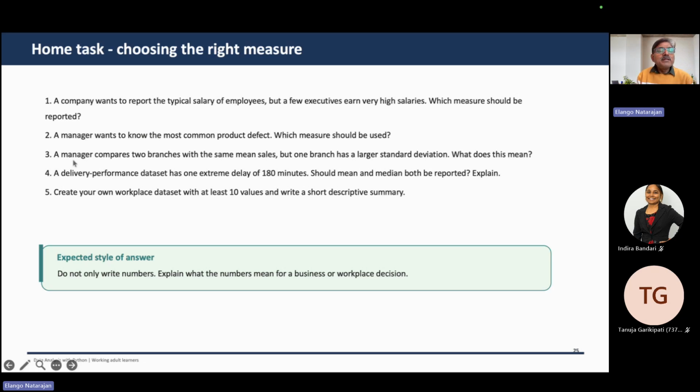Coming to the third question: a manager compares two branches with the same mean sale, but one branch has a large standard deviation. What does this mean? You have two branches, and both have the same mean sales, for example 100K and 100K. Sales-wise there is no change at all.